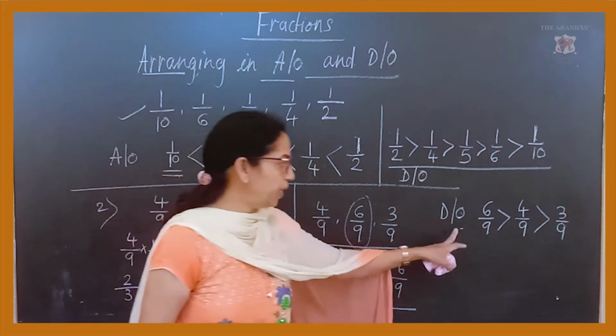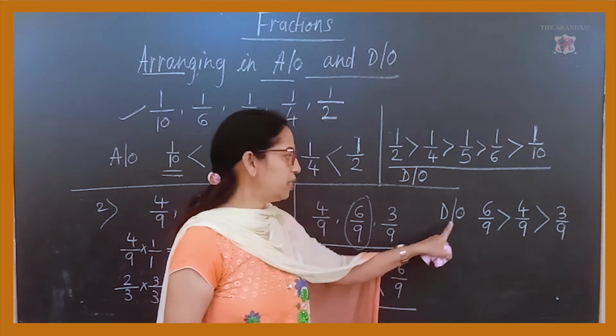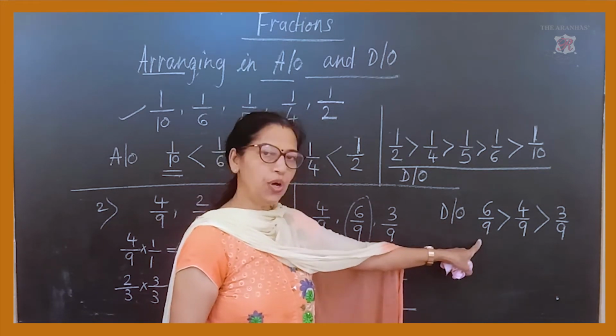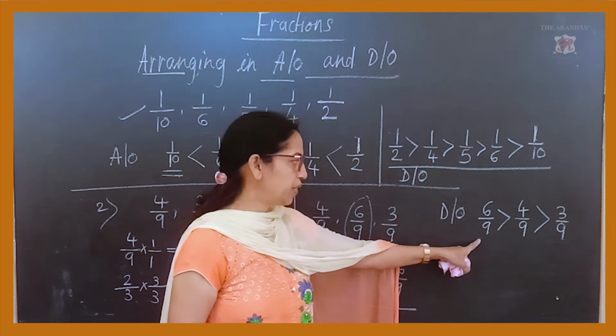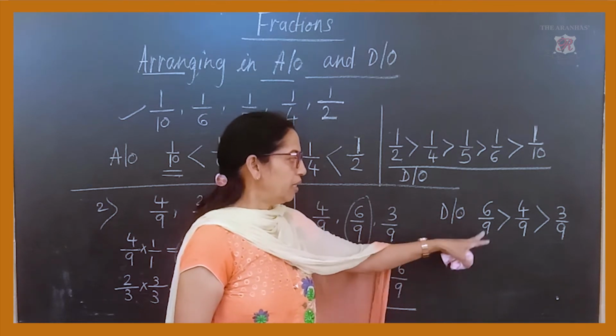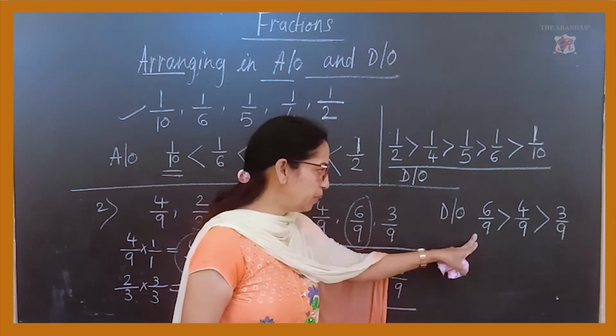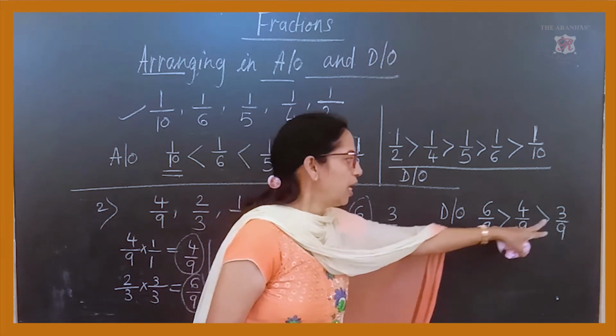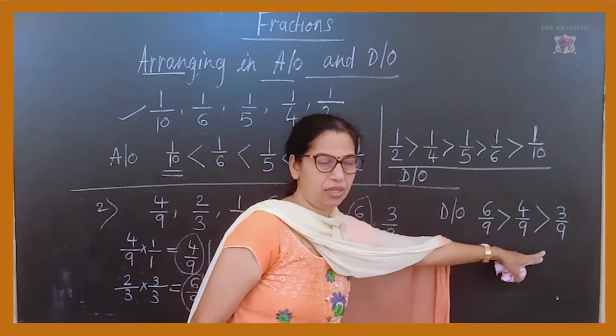For ascending order we wrote smaller to bigger, and for descending order we write bigger to smaller. So when you are asked to write the descending order, you have to arrange the given fractions according to their values: the bigger first, then smaller, and at the end the smallest.